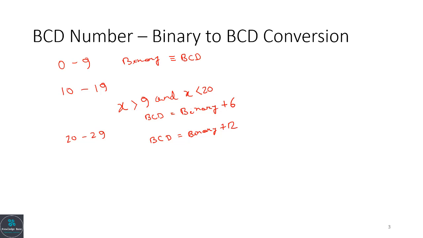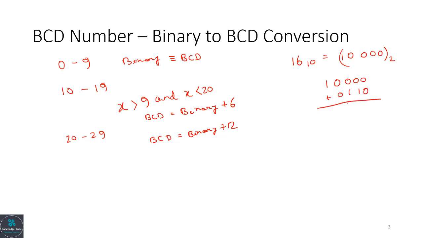Now, let us take an example. Let us take the previous example. 16 in decimal, in binary it is 10000. So what is the range? It is between 10 to 19. So we know that we need to add 6 to the binary value. 10000 plus 6, which is 0110 in binary.